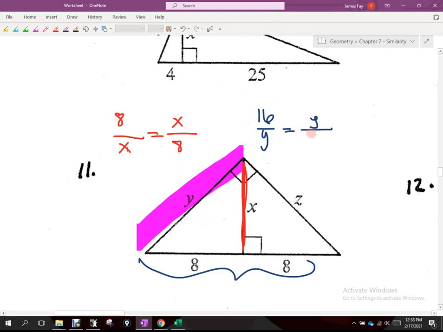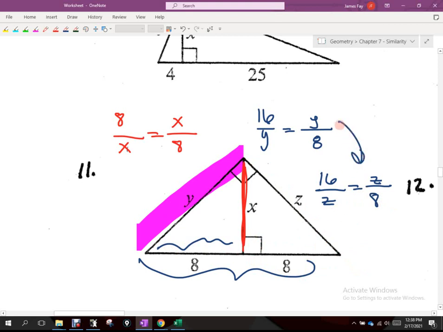So this would be 8. So that's 16, and then that 8. Then if I want to find z, that is our other leg. So it is the geometric mean between the entire hypotenuse and the part of the hypotenuse touching that leg.